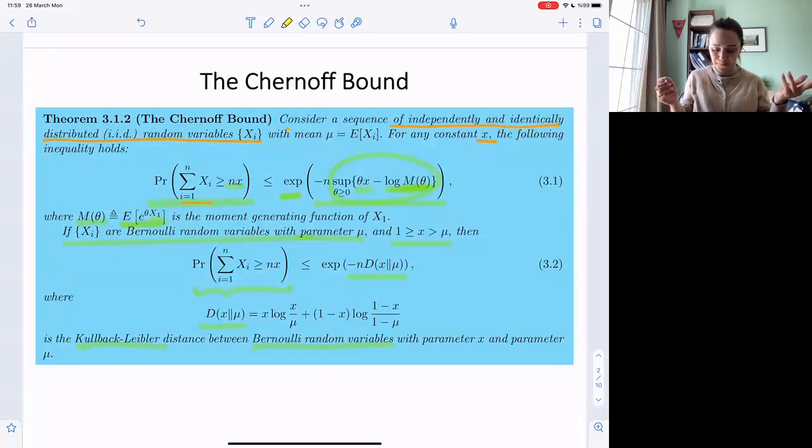So they are basically two binary distributions. One is p and 1 minus p, the other is mu and 1 minus mu, or in this case, x and 1 minus x. So the Kullback-Leibler distance is given by this expression. And when you compute this expression and put it into the exponent, you find the Chernoff bound. We will now momentarily see a simple application of it.